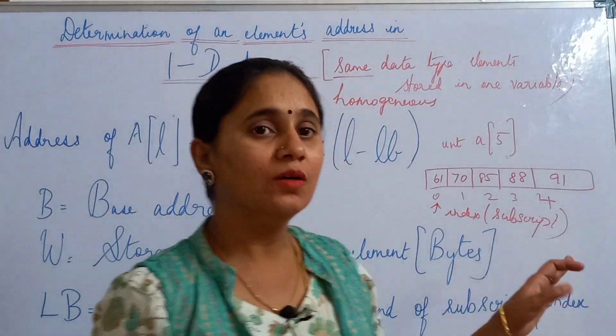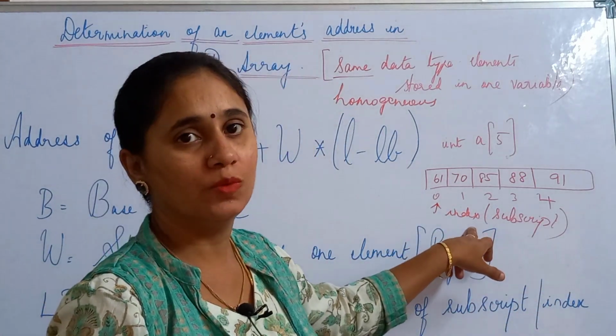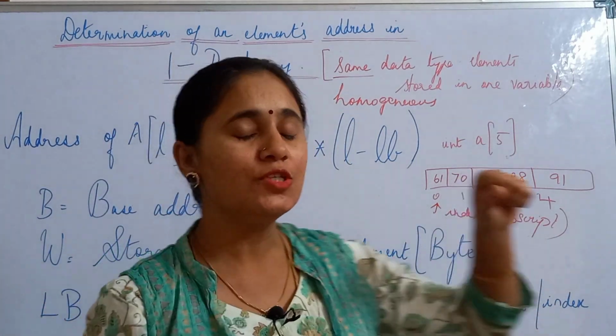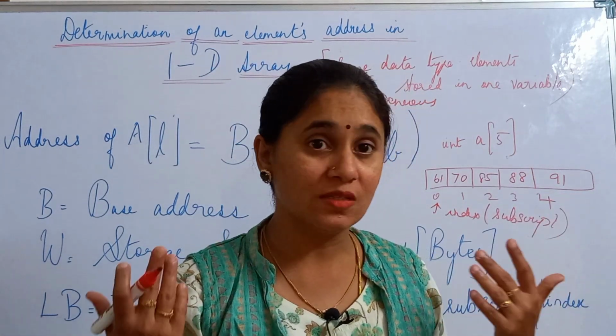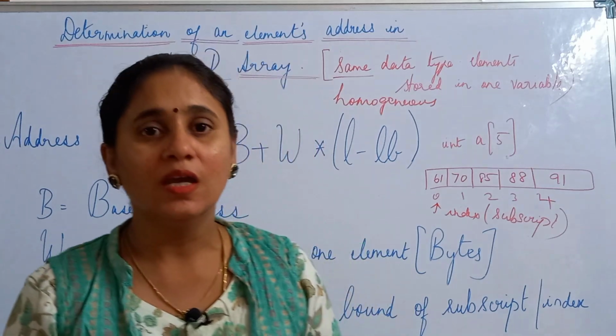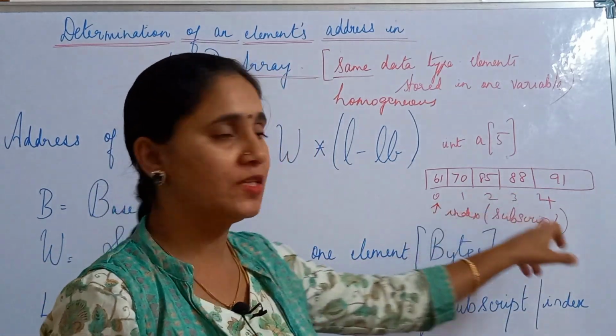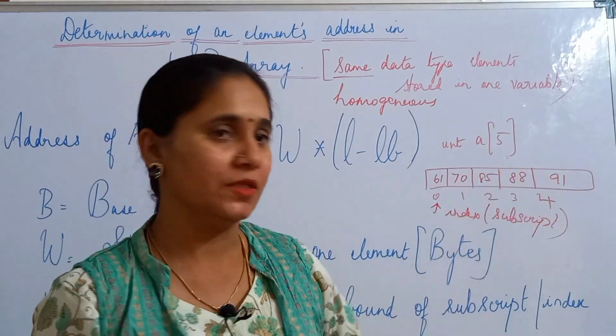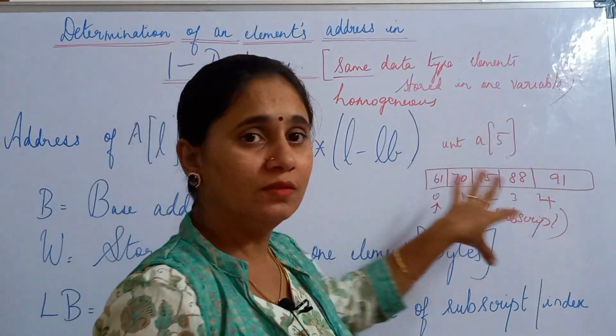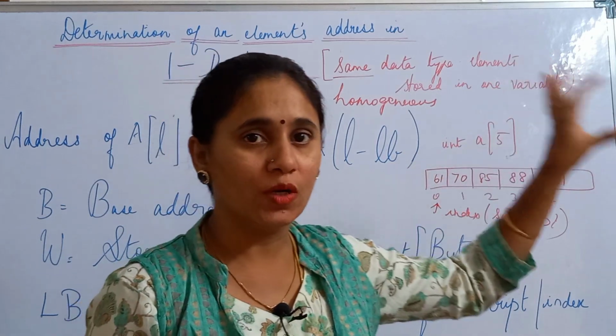By using this reference value, we find out in which location which element is present. We do not know the exact memory address, but we know the index value for finding the particular location of the element. This is the representation of a one dimensional array.